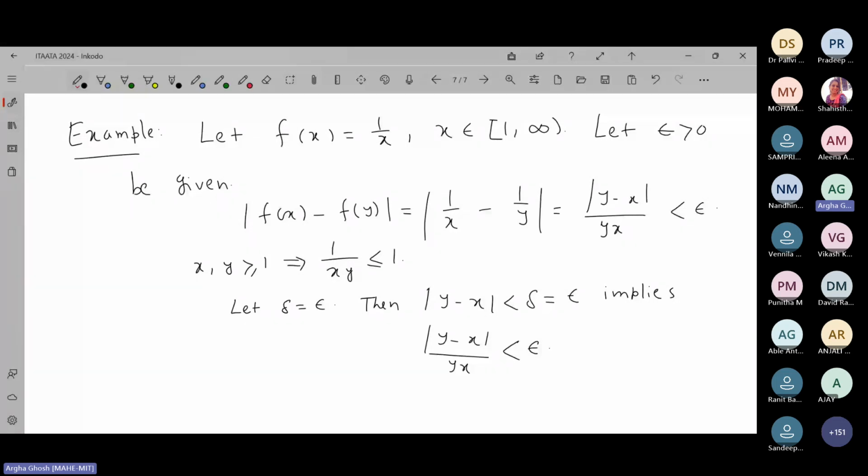If the absolute difference between x and y is less than epsilon, then the absolute difference between f(x) and f of y will be less than epsilon as well. So this means that f is uniformly continuous.